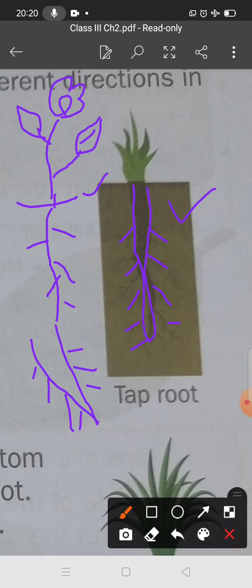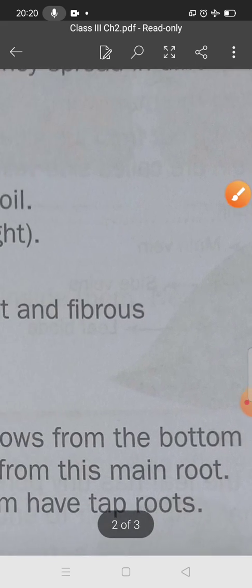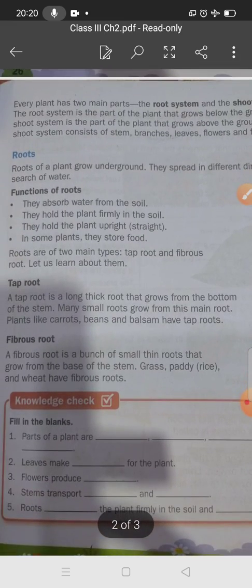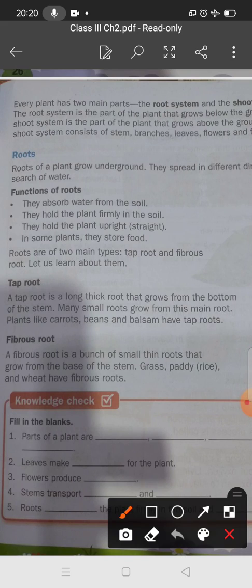So what about the taproot? I am saying it again. In taproot, a main thick root grows from the end of the stem and many small side roots grow from the main root. What are the examples of the taproot?